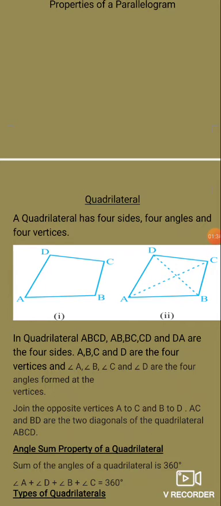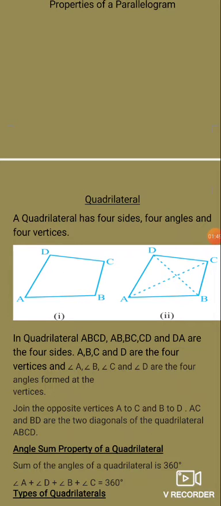Listen carefully. When we draw one of the diagonals, suppose in the second figure we draw the diagonal AC only, that diagonal divides this quadrilateral into 2 triangles.